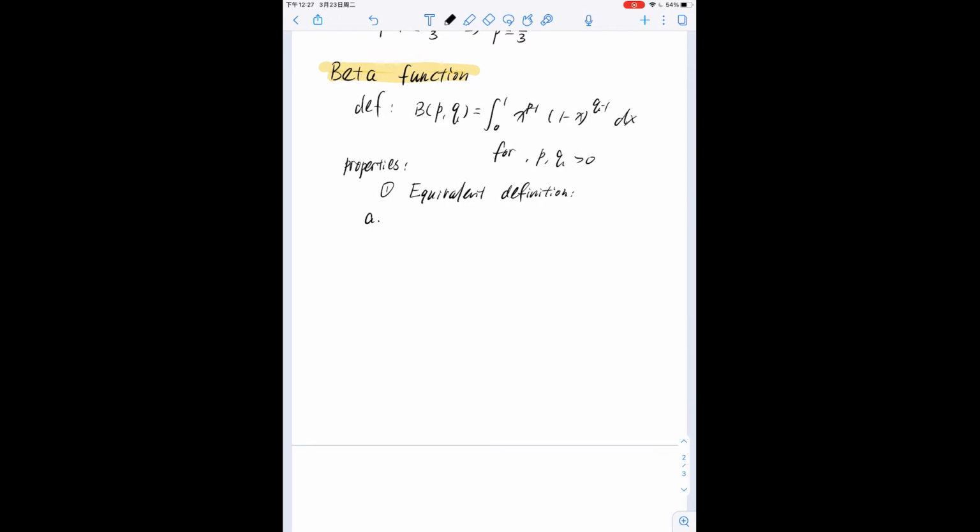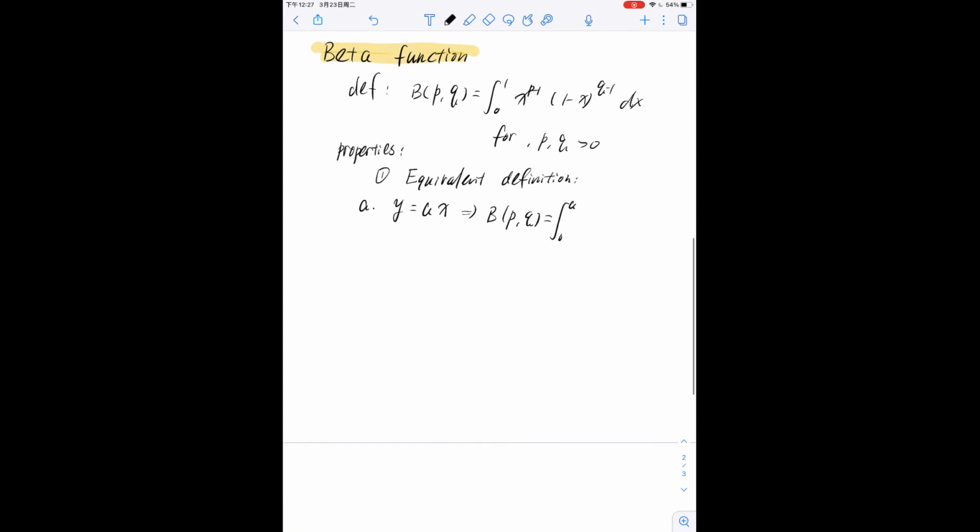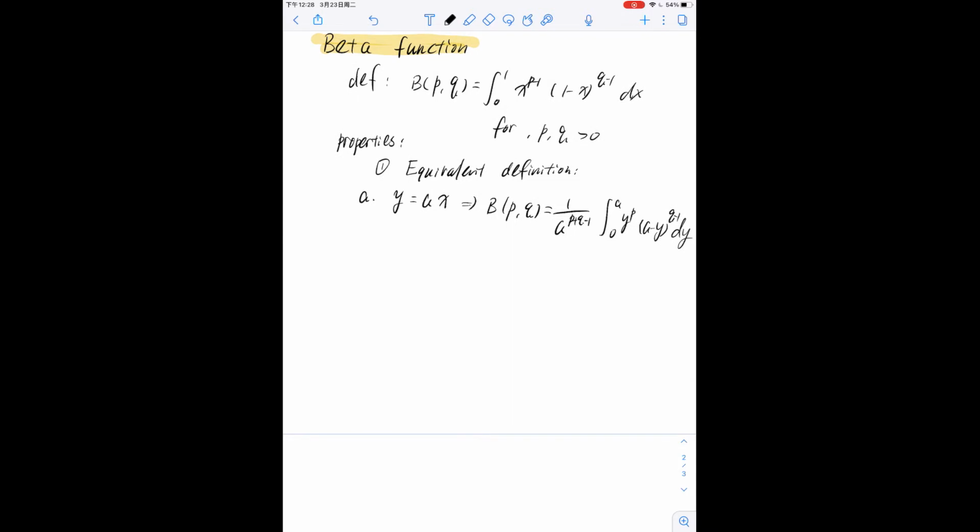For example, if we use a change of variable like y equals ax, then we can have B(p,q) equals this. Let me rewrite it: 1 over a to the power of p plus q minus 1, integral from 0 to a, y to the power of p minus 1, (a minus y) to the power of q minus 1 dy.